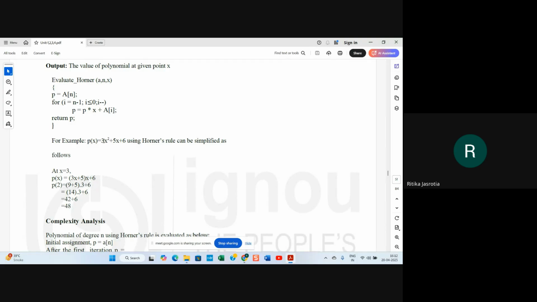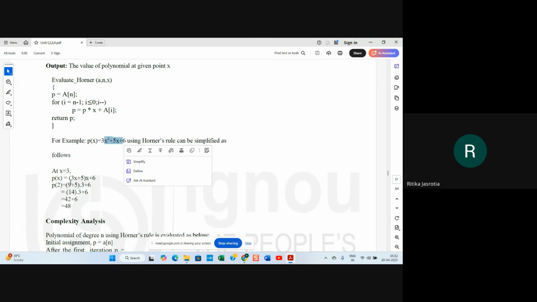So you first have to put this equation into Horner's form. In Horner's method, it will take out the common x outside. So inside the bracket will remain 3x plus 5, and x will be outside like this, plus 6.